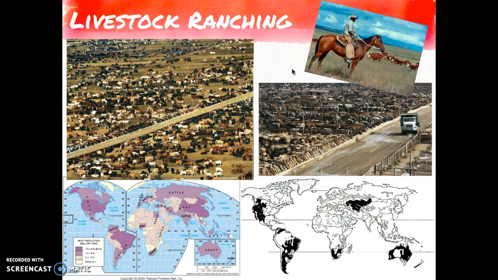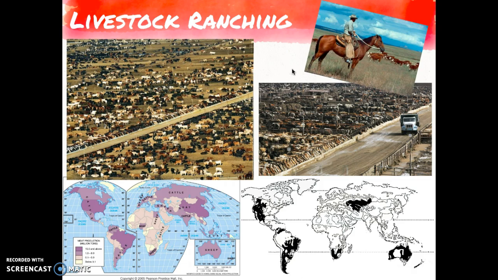Much of the western portion of the United States is dedicated to livestock ranching, as well as places in southern Brazil, Argentina, Australia, and we see a lot of countries in Central Asia, such as Kyrgyzstan, Turkmenistan, and Kazakhstan, that are livestock ranching countries as well.